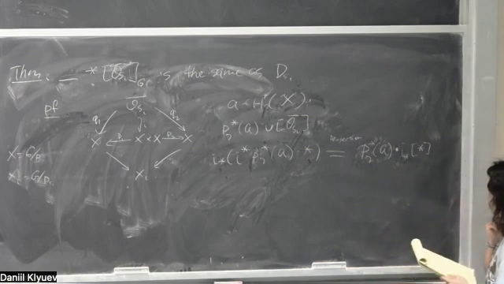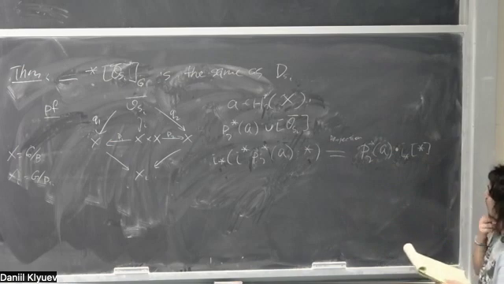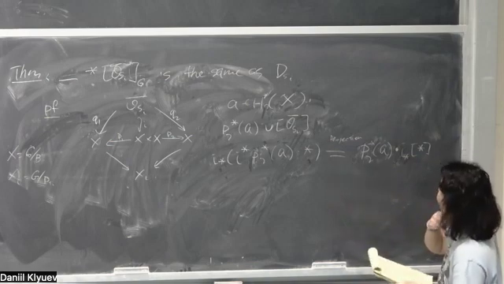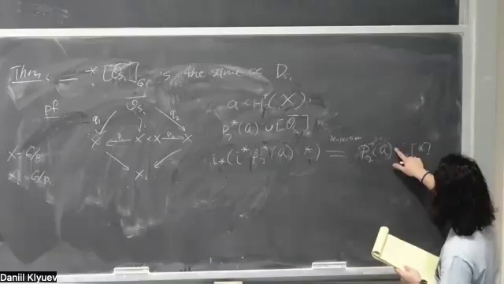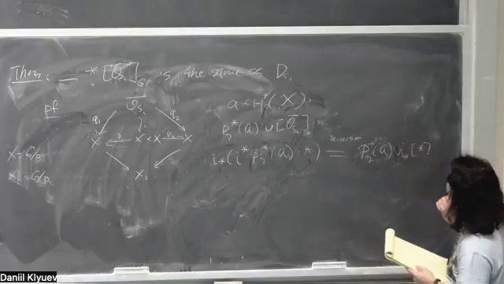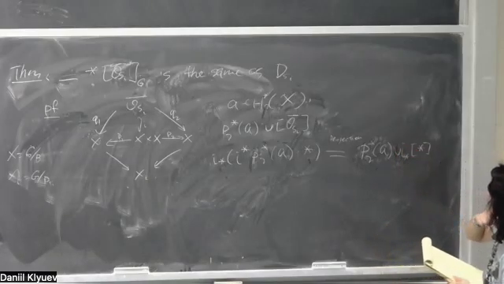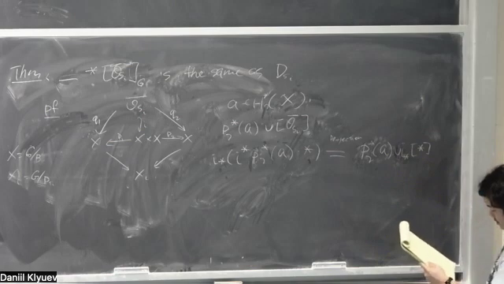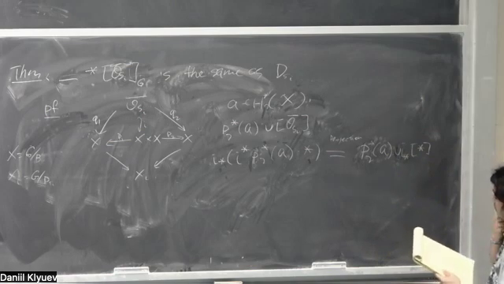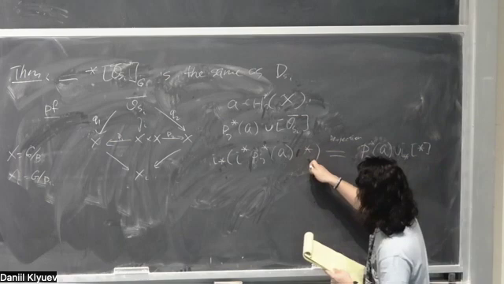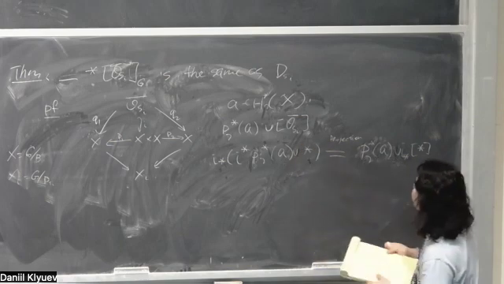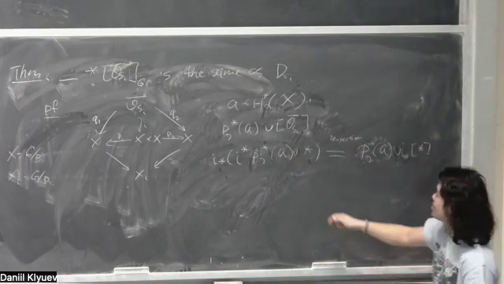Isn't that just the same, the first format, the cup with the fundamental class? Yeah, so it just says cup at the top. And on the left, it's also cup. It's just the identity. Yeah, this is just identity.